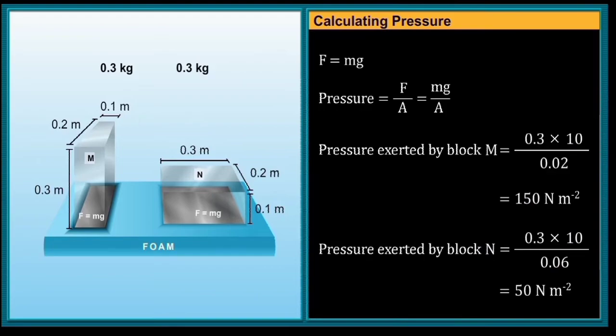Thus, in block M, the same thrust was acting on a smaller surface area. Hence, the pressure exerted by block M was higher. This explains why the foam showed more compression where block M was placed.